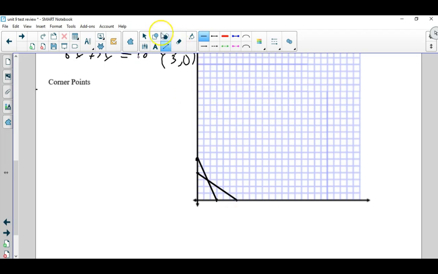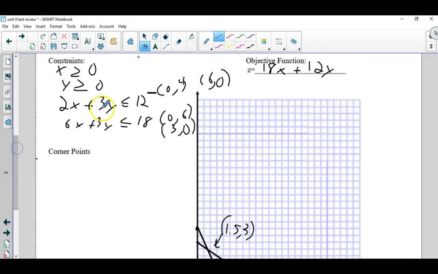Now, this one is kind of a nasty one because if you look, it looks like this meets at 1.5, comma 3. And it actually does. So, if we test both points, or both equations, we get 0 is less than 12, true statement. 0 is less than 18, true statement.